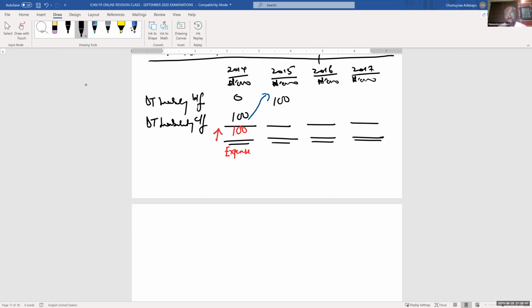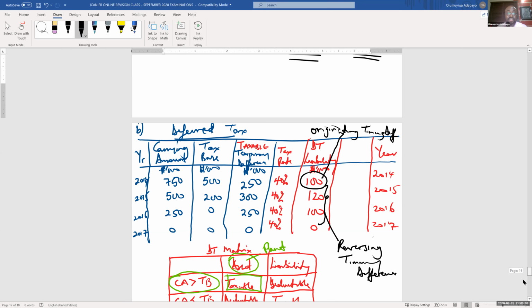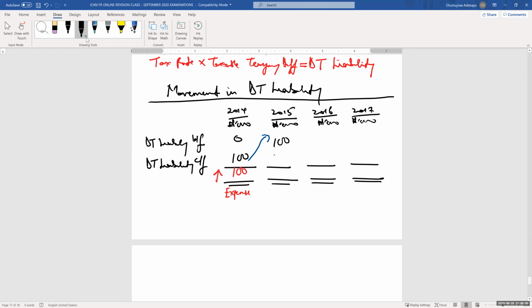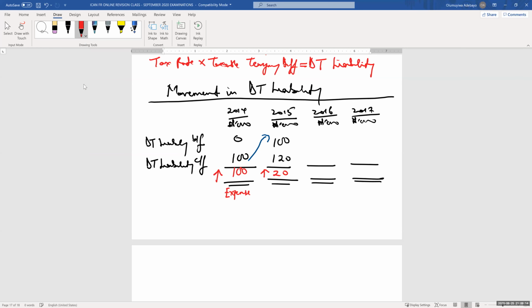What was our closing balance in 2015 from our deferred tax computation here? 120. Now, for this year, is it an increase or decrease? Increase. Another increase of 20, which means we recorded another expense for that year.